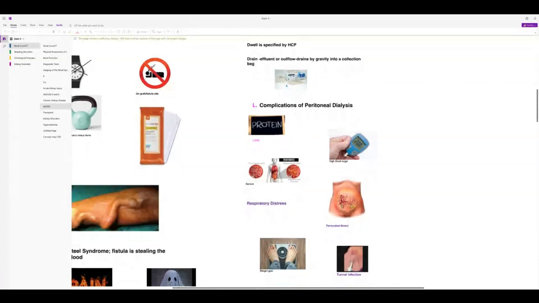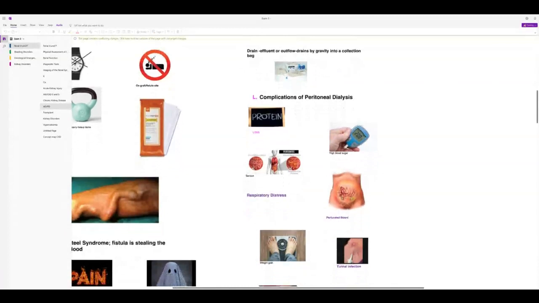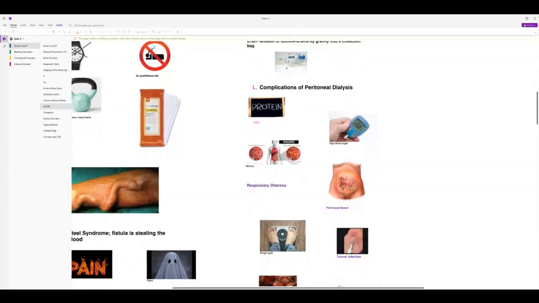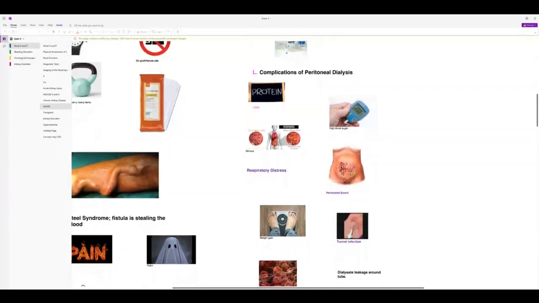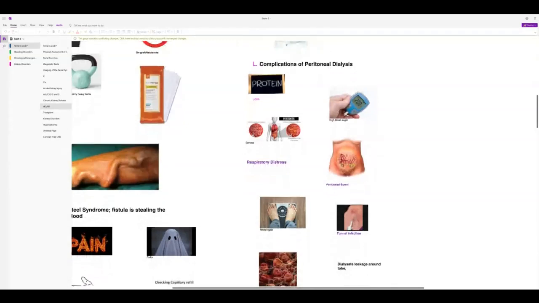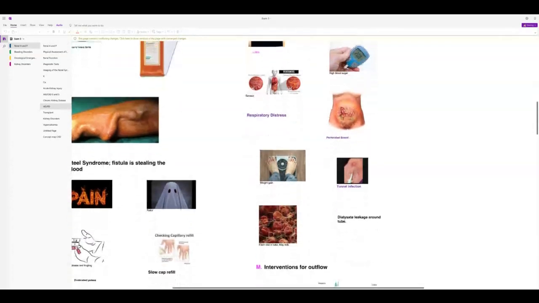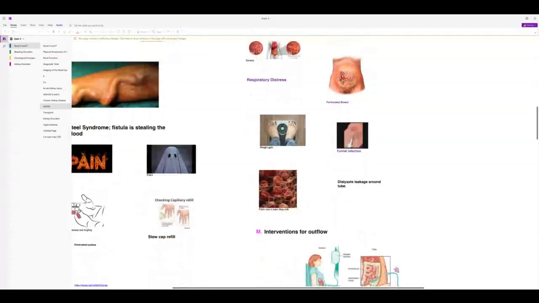It can cause a high blood sugar because the dialysate has a high concentration of sugar. It can cause peritonitis. So make sure you remember the signs and symptoms: the board-like abdomen, tachycardia, fever, guarding, abdominal distension, and then perforated bowel. Okay, they can get infections, they can get weight gain.